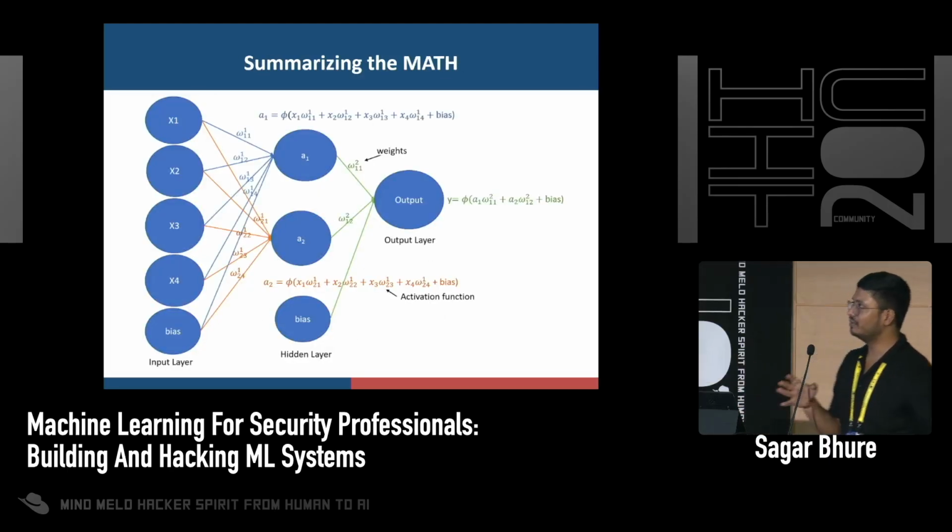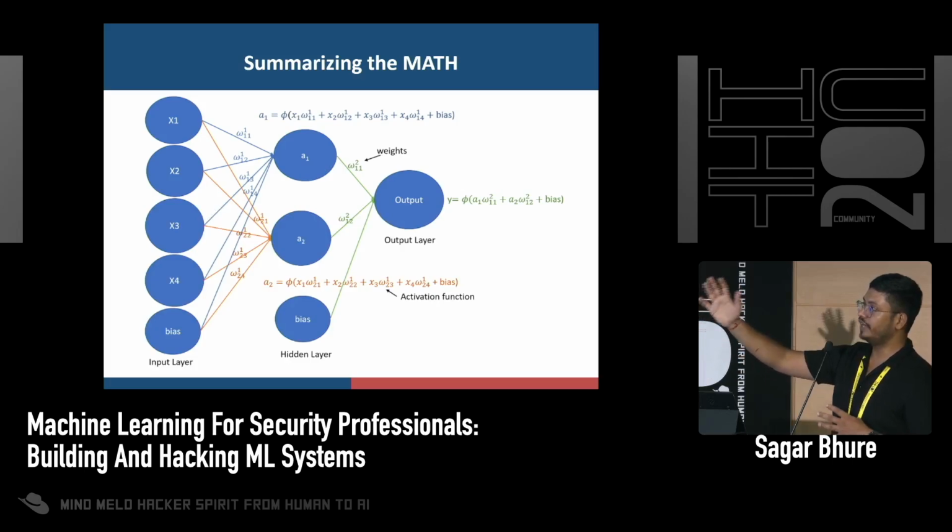This is how the summary of the math looks. Again, no need to understand or memorize this. Just give it a look. You have the input layer where you have the pixel values at the x1 location, at the x2 location, similarly till xn. And then you have weights.